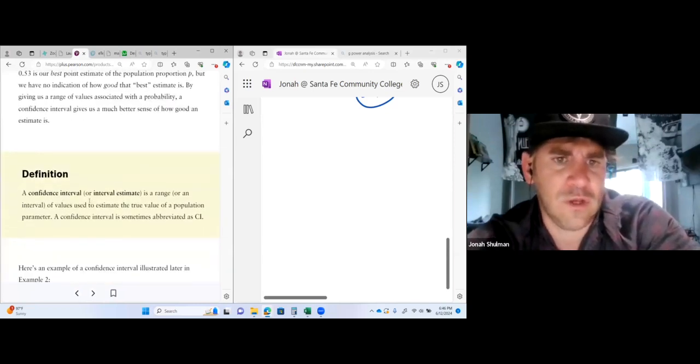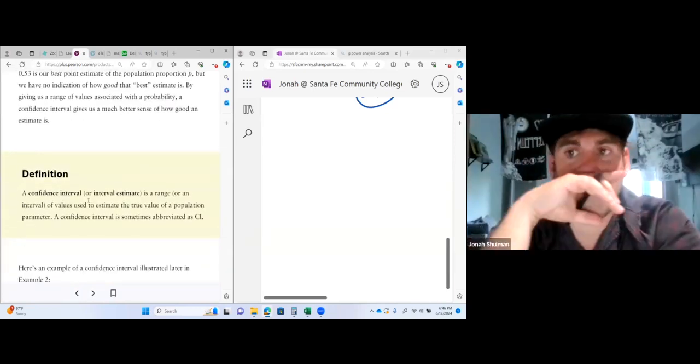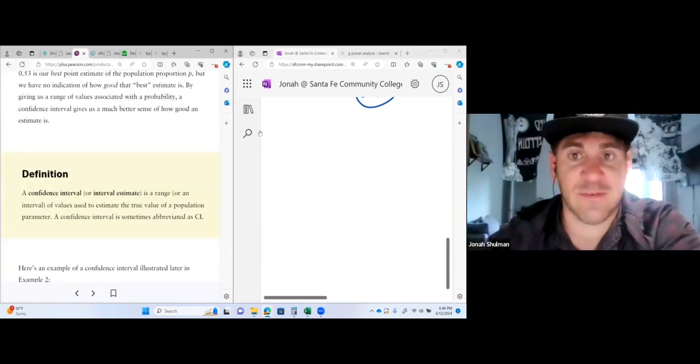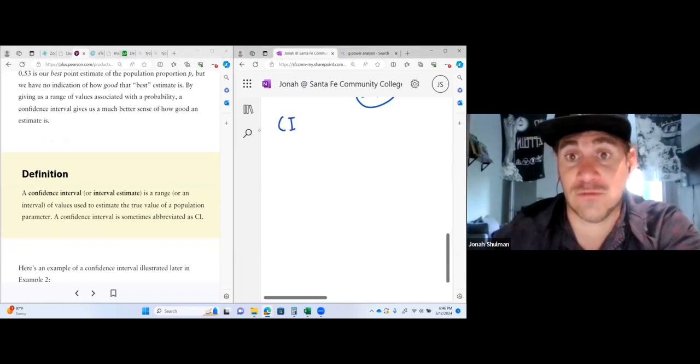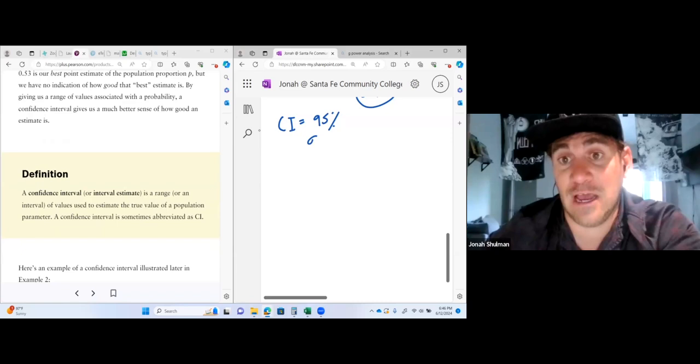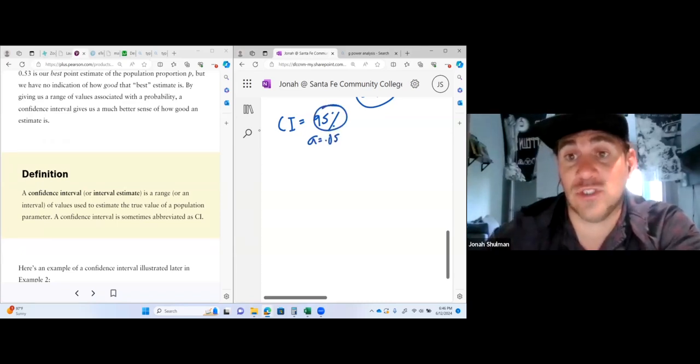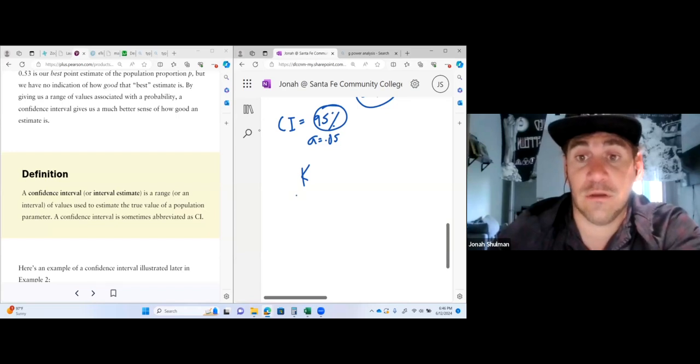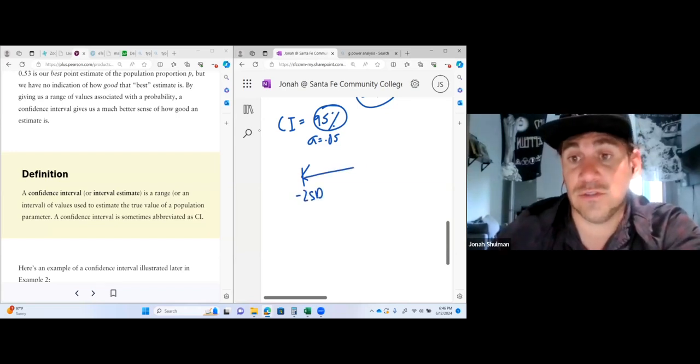Nice. So usually our confidence interval for just about everything I've ever done in statistics and research has always been 95% sure. That's an alpha level of 0.05. This means I'm 95% sure that we are between what? 2 standard deviations of our mean.